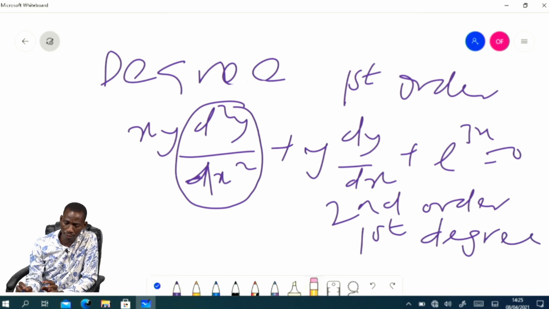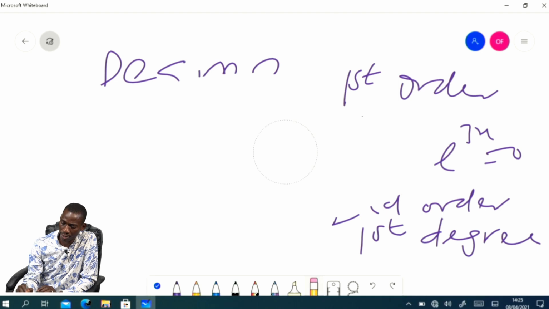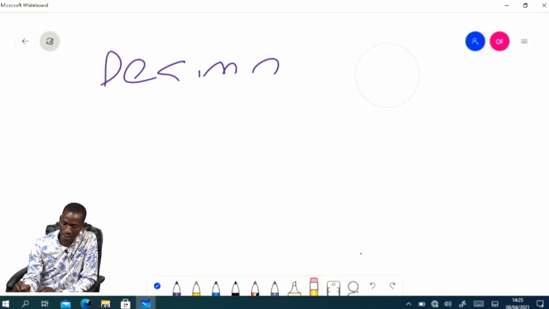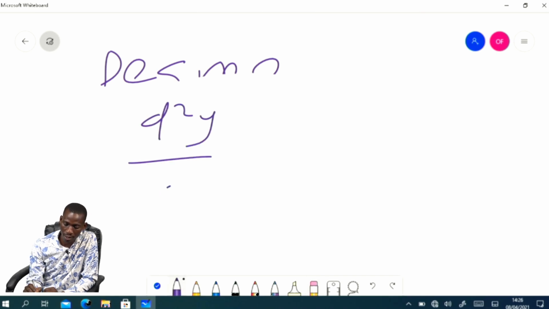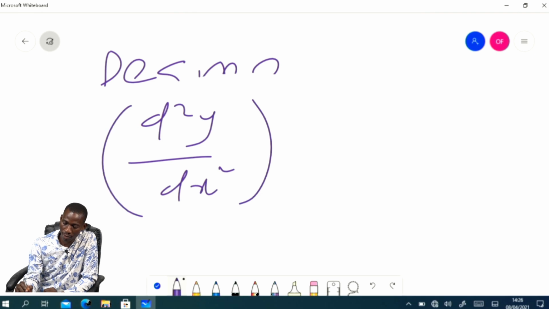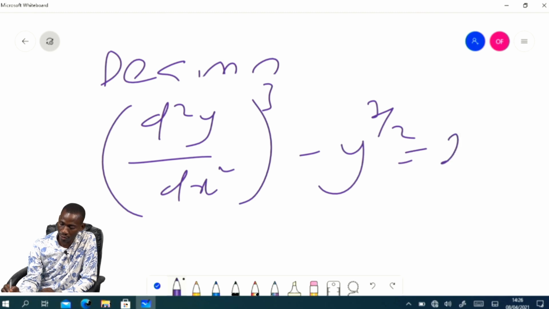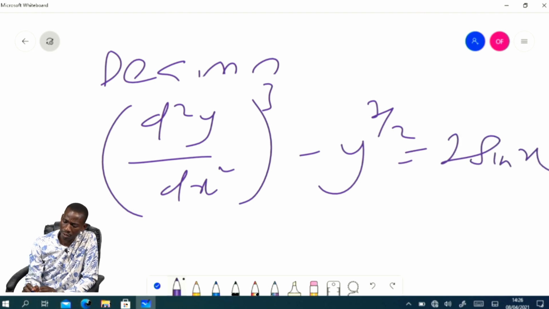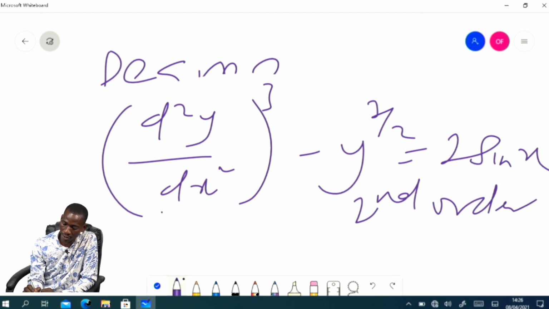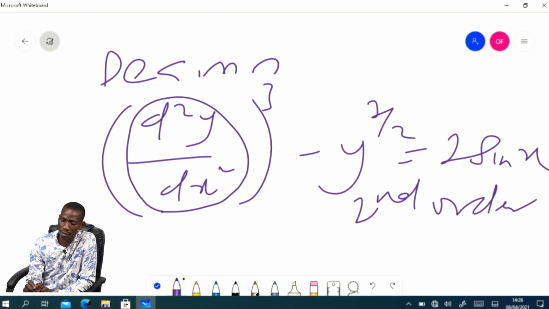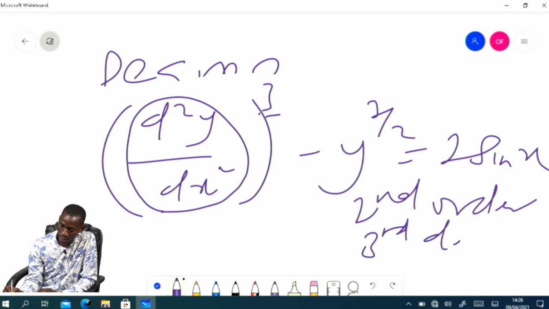Let me give you an example of a differential equation that is not of degree 1. Consider a differential equation of the form (d²y/dx²)³ minus y^(3/2) equals 2 sin x. You can see this is a differential equation of second order because of the highest derivative, and the power on the second order derivative is 3, so it is third degree.